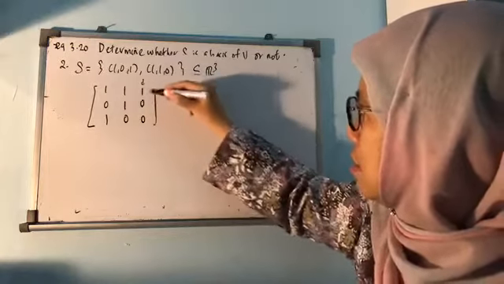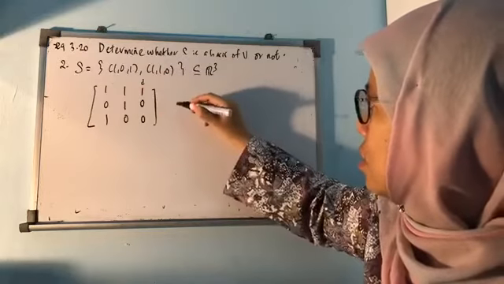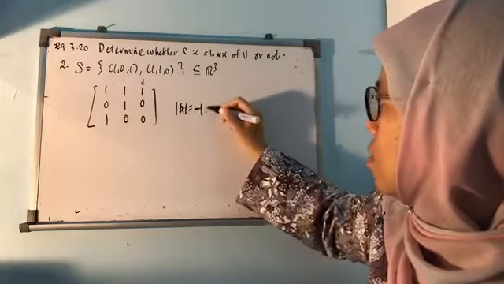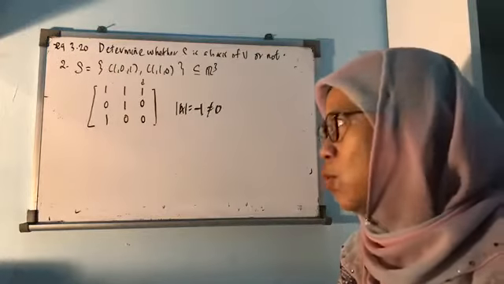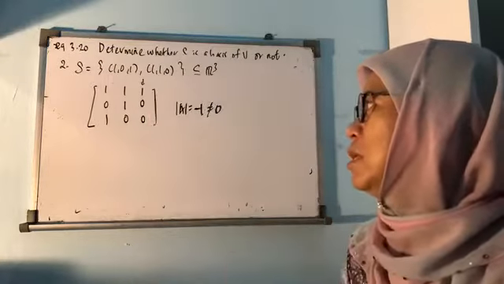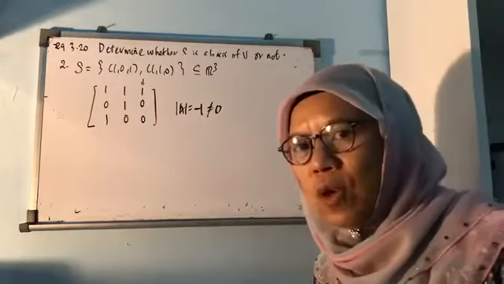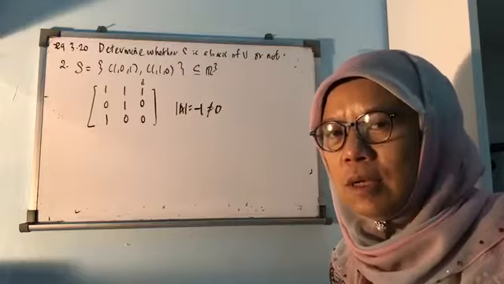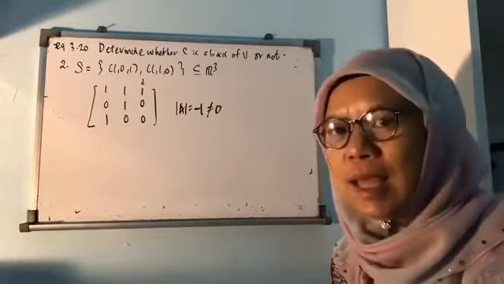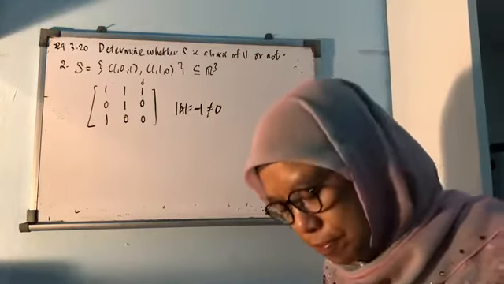Take this one, determinant is -1. So the determinant is -1, not 0, so this is a basis. Okay, so that's one way. If determinant is 0, probably you need to add another one, 0 1 0 instead, or 0 0 1. Okay, so that is how you extend to be a basis.